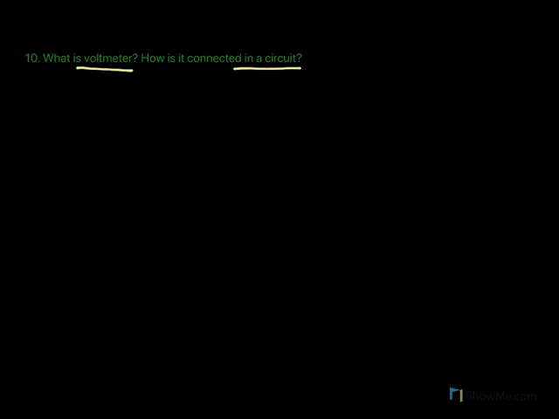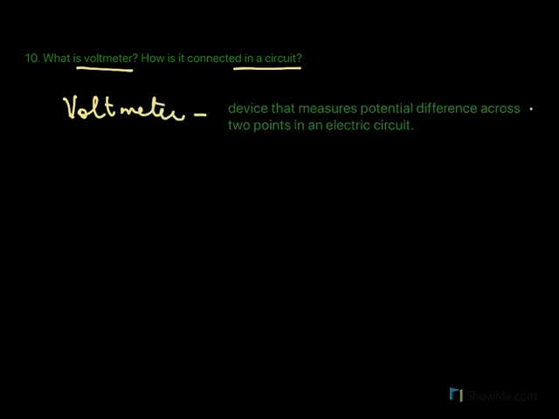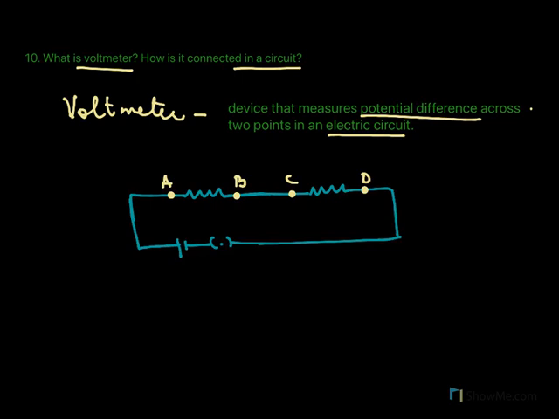What is a voltmeter? How is it connected in the circuit? A voltmeter is a device that measures potential difference. It measures potential difference across 2 points in an electric circuit. And remember, to measure potential difference we have to connect it in parallel, because in parallel the potential difference remains constant. Here is the circuit.